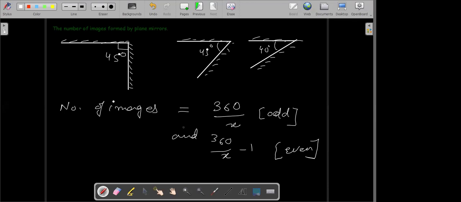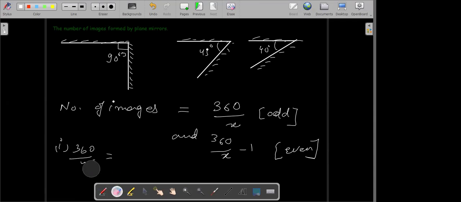For example, in the first case, let's find out the number of images in case 1. You get 360 divided by 90. Oh, sorry, it's 90. My bad. It's 90 degrees, not 45. So the first angle is 90 degrees.